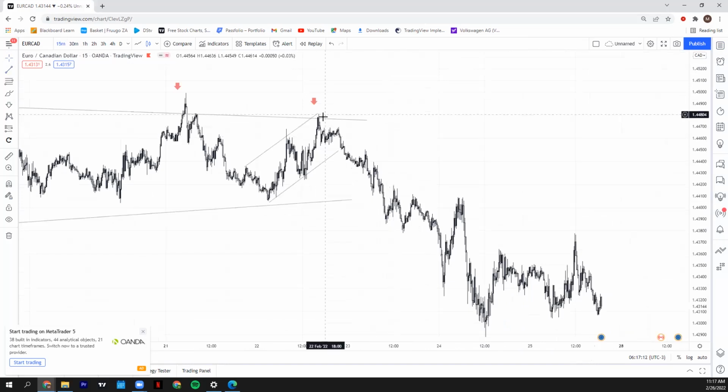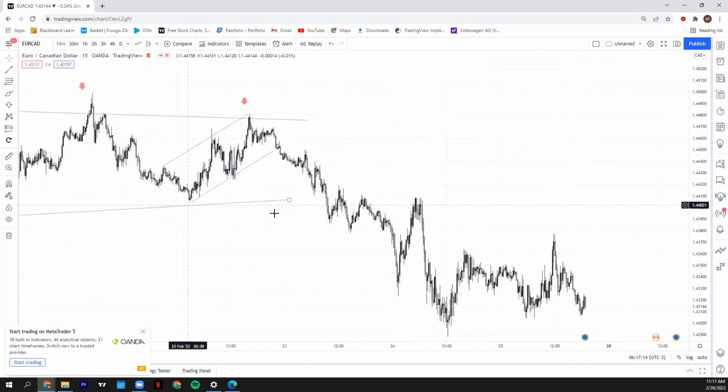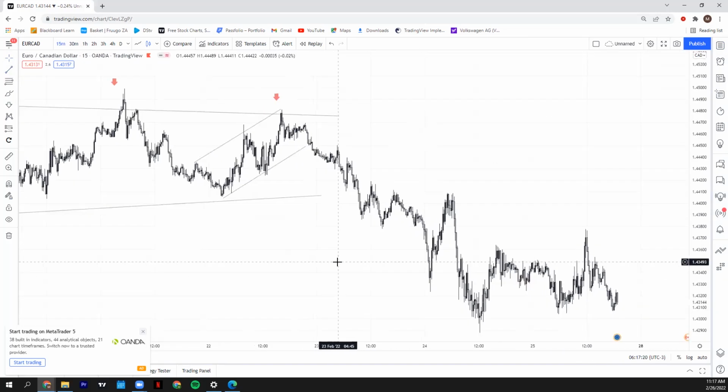And remember, all those concepts of impulses and corrections, they count. They still show relevance in small time frames.